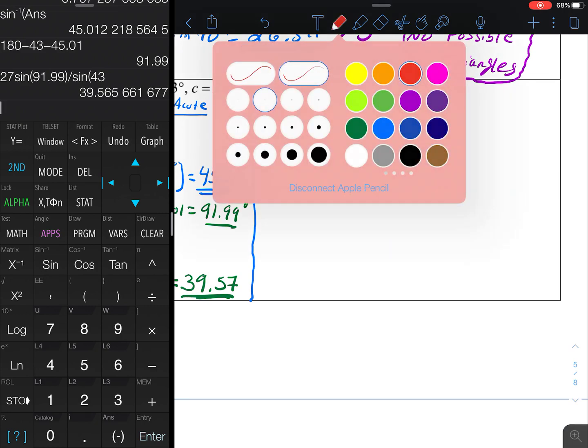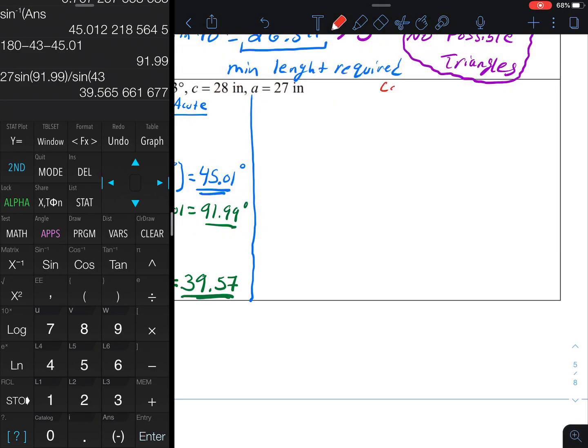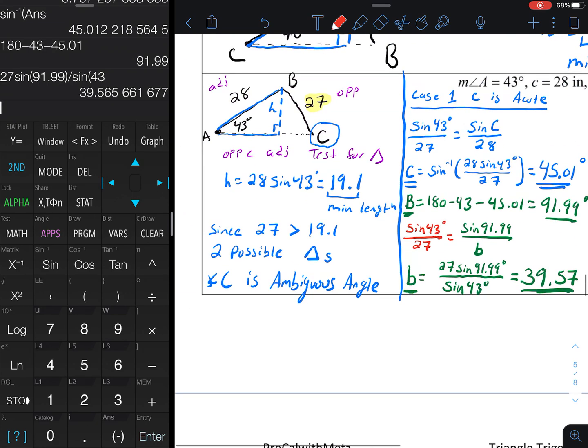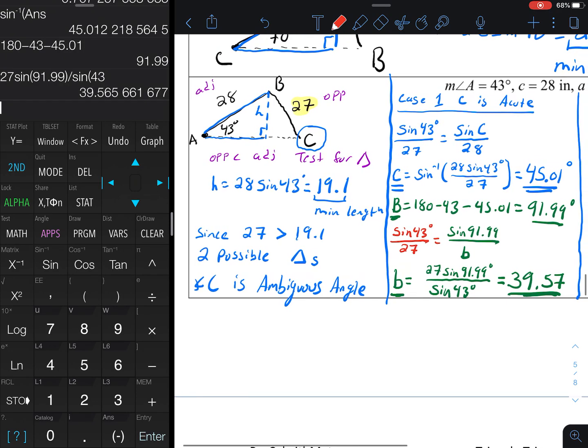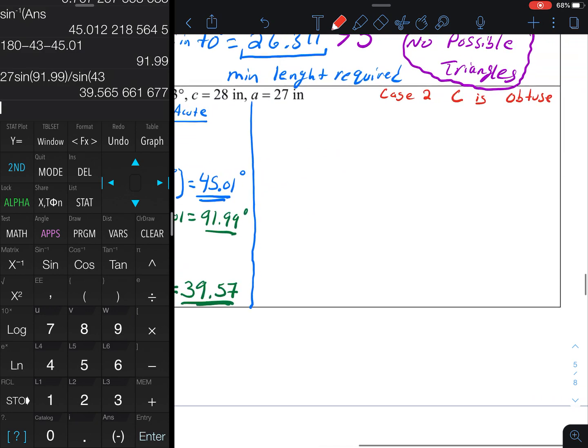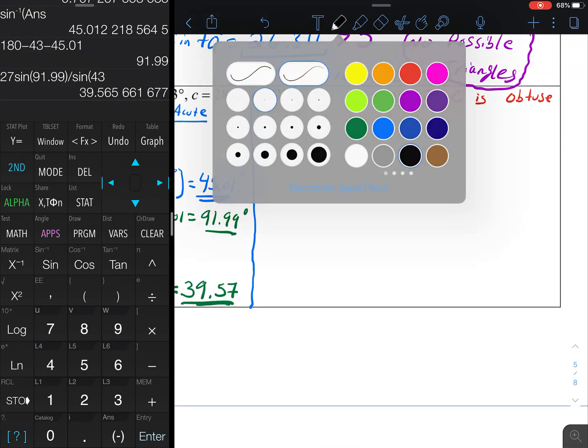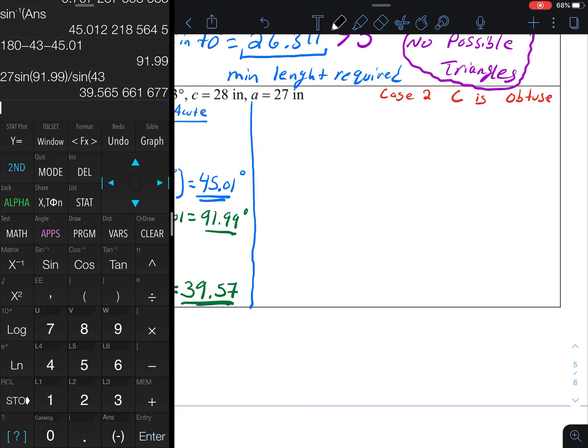Well, obtuse angle C. So case 2 over here is C is obtuse, which means that it would have fallen to the left-hand side of that altitude. All right, and so I'll do my best to try to draw that picture, so that way we can see what would happen here and what it would look like.